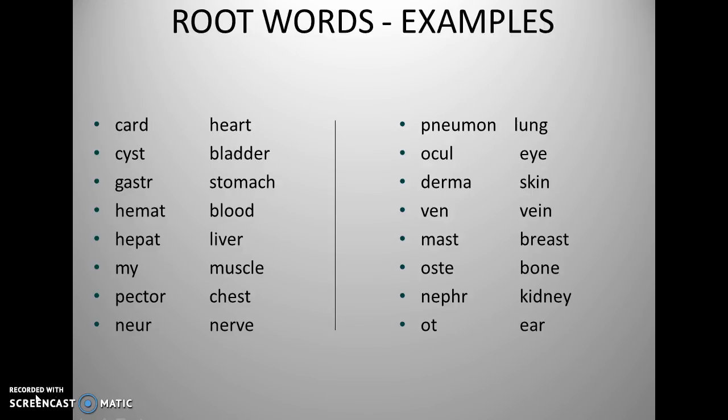So, for example, when we talk about heart, carditis, bladder, cystitis, stomach, gastritis, blood, hematology, liver, hepatitis, muscle, myocardial, chest, pectoris, nerve, neurology, lung, pneumonia, eye, oculomotor, skin, dermatitis, vein, venitis, breast, mastectomy, bone, osteoporosis, kidney, nephritis, and ear, aortic.